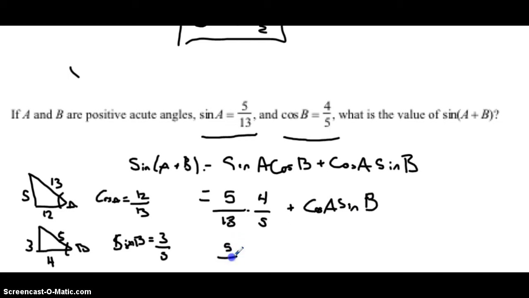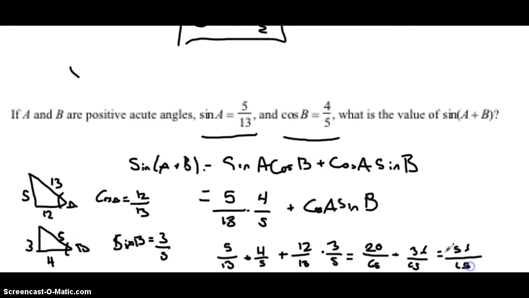We get 5 over 13 times 4 over 5, plus 12 over 13 times 3 over 5. This gives us 20 over 65 plus 36 over 65. And our grand total will be 56 over 65. And that's just how that's done.